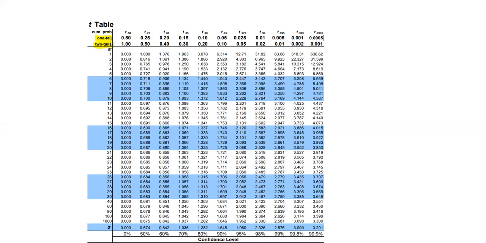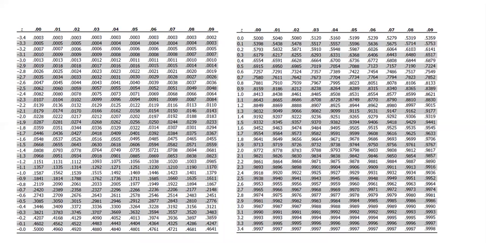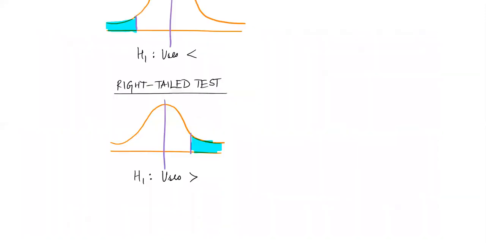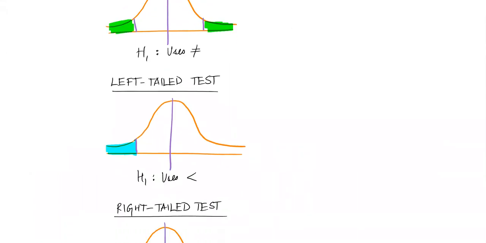We will also need that in the Z table. When we know it's two-tailed, then roughly to give you an idea, you find the answer for one of the tails and multiply it by 2 because you have two tail ends. If it is just the left end, then you can use the table as it is because it's cumulative from the left. If it's the right end that is shaded, you have to remember to do 1 minus that right shaded area to get the cumulative area from the left. So those are the things you will remember when you have decided whether it's two-tailed, left or right-tailed.